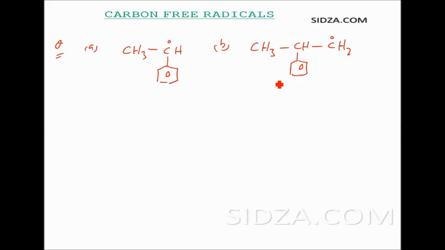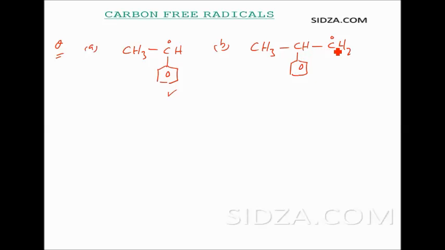Among the two, which is more stable, the first one or the second one? The first one is more stable. Why? Because the free radical can be delocalized by the aromatic ring, whereas there is no such resonance possible here because you find two single bonds, free radical, single bond.